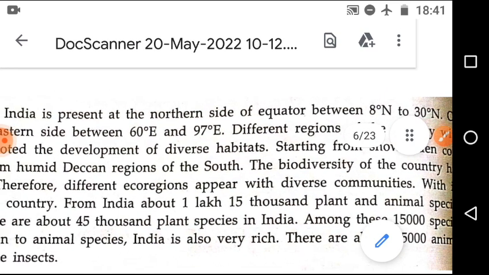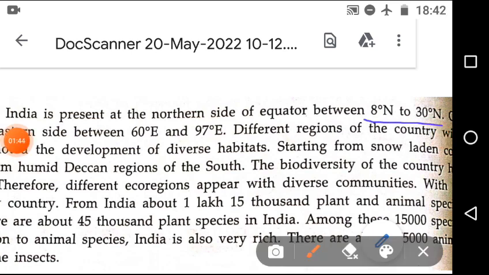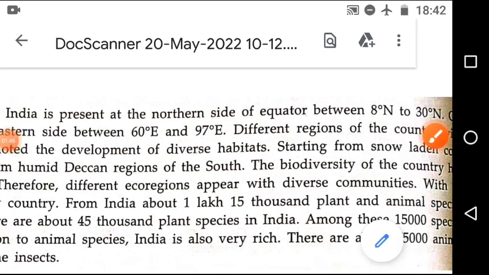It shows the latitude of India. India is located in the northern hemisphere, between 8 degree north and 30 degree north latitude.